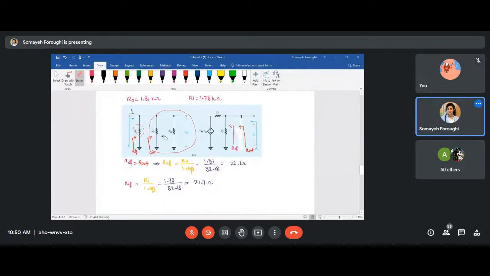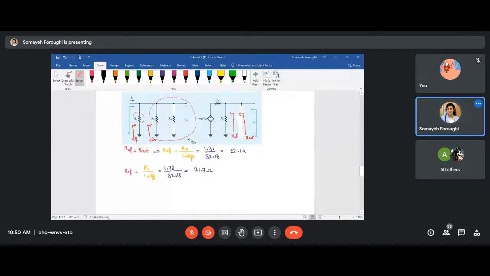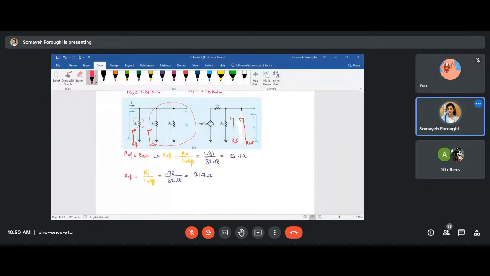So let me write it down here. I know that for making RIF, I have to parallel RS with RIN. I didn't use any formula, I just figured it out myself. Then RIF, we just found it to be 21.7. 21.7 is parallel with, and remember, RS was 2K or 2000 ohm, parallel with RIN.